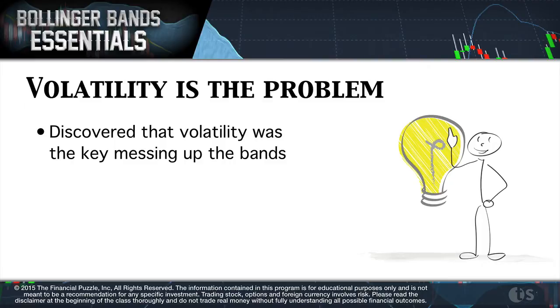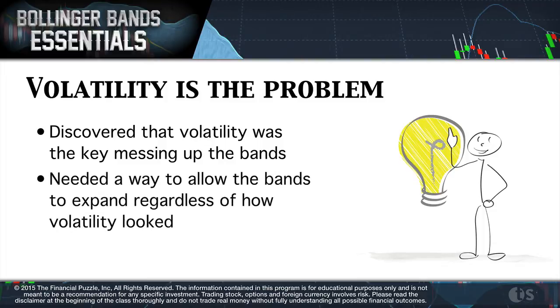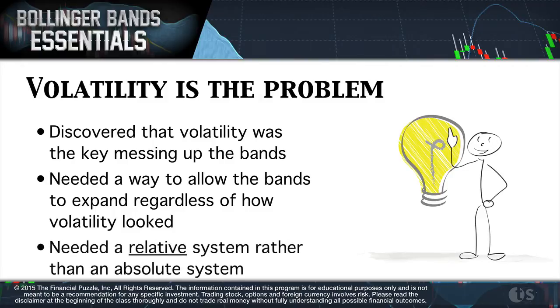And so what John Bollinger discovered is that volatility was the missing component in these percent bands. The concept was right. The theory was right. But we needed a way to allow the bands to expand up or contract down, regardless of what the volatility was looking like. And that led to this concept of a relative system rather than an absolute system.